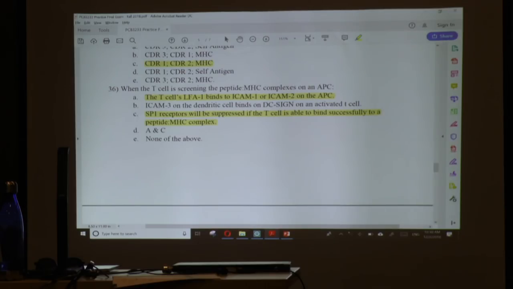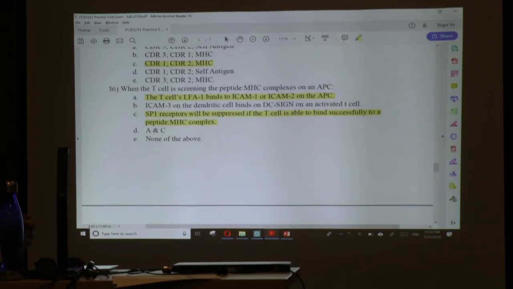S1P, right? I misspelled it here. This is supposed to be S1P. But S1P is sphingosine 1-phosphate or something like that. They're just the opposite of CCL19-21. They're telling the B cells and the T cells to go away instead of come in.